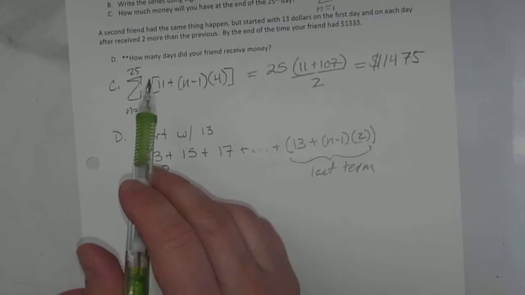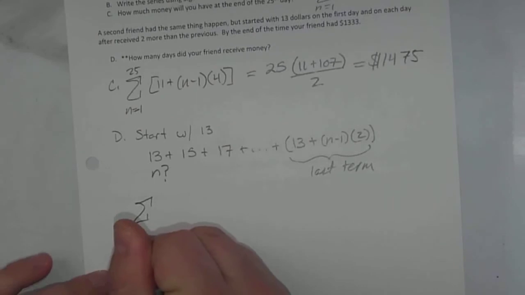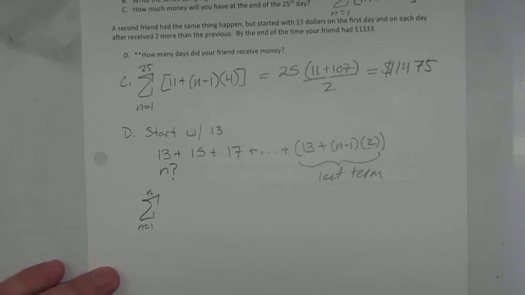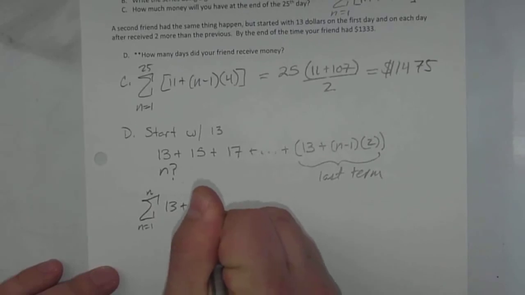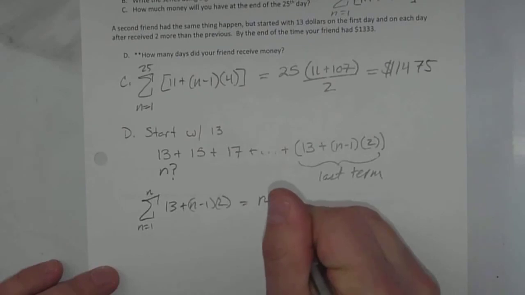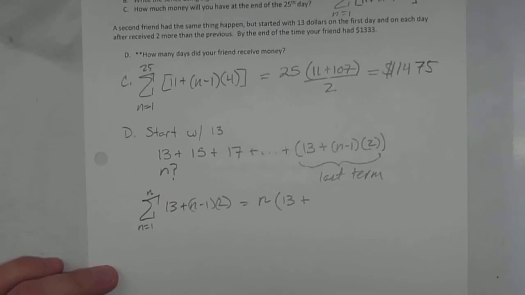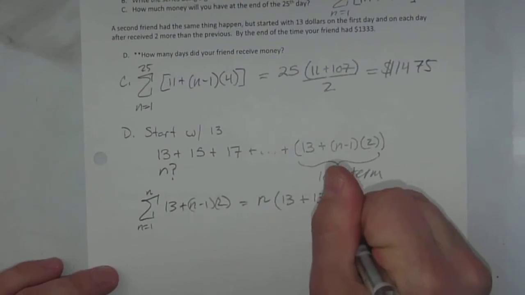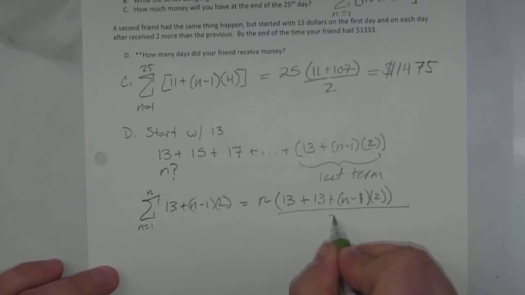So now we're going to use what we did in part C. We know the sum from n equals 1 to some other n value, to wherever we end, is equal to the number of terms times the first term, which is 13 in this case, plus the last term. We don't know what the last term is, but I'm going to plug in this expression, divided by 2.